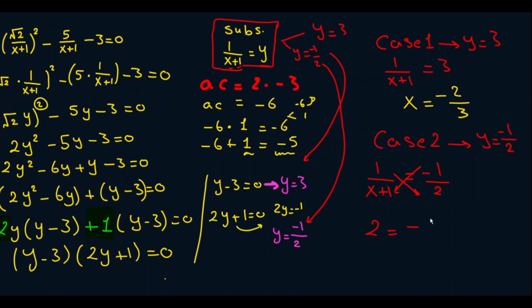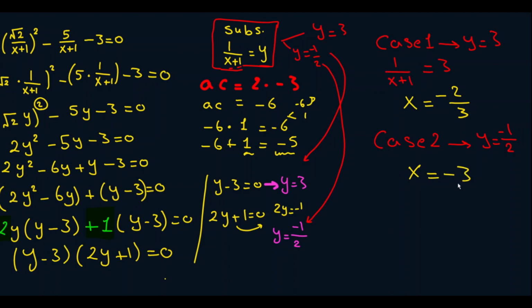So we're gonna have negative x minus 1. From here, we can bring negative 1 to the other side. So we're gonna have 3 is equal to negative x. Let's multiply both of them by negative 1. We're gonna have positive x is equal to negative 3. And here is the case number 2. So from case number 2, we are having x is equal to negative 3.